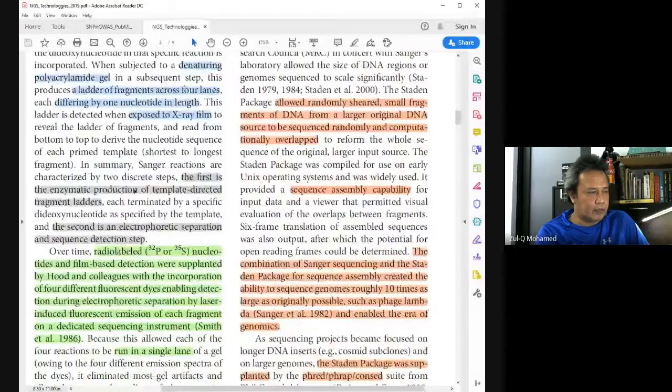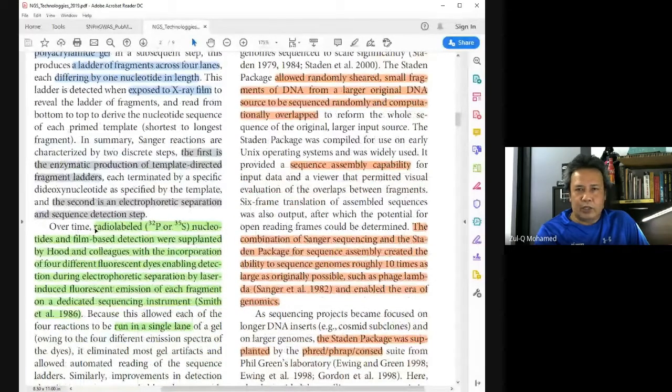Then, you need to label, like you do in the lab when you run a gel. What do you do to label the DNA? You use ethidium bromide. You can use silver nitrate. You can use whatever chemical binds to the DNA and then allows it to be seen later. But for sequencing, because you're talking about small amounts of DNA, people used to use radioactive material, right? 32P or 35S.